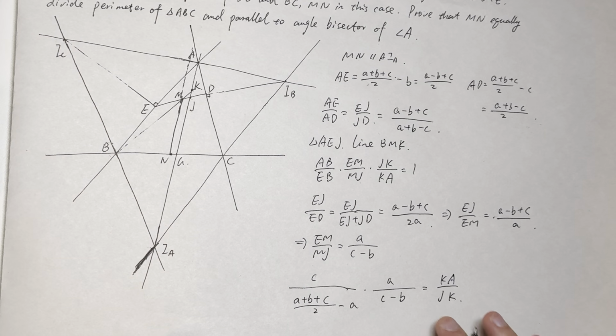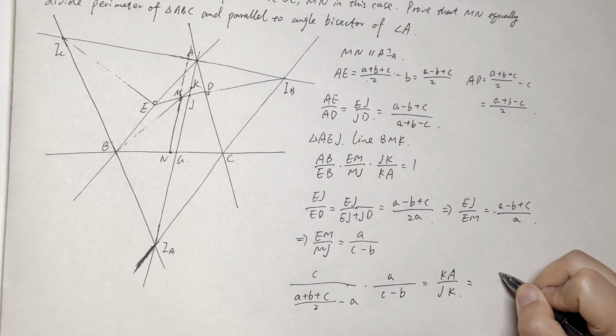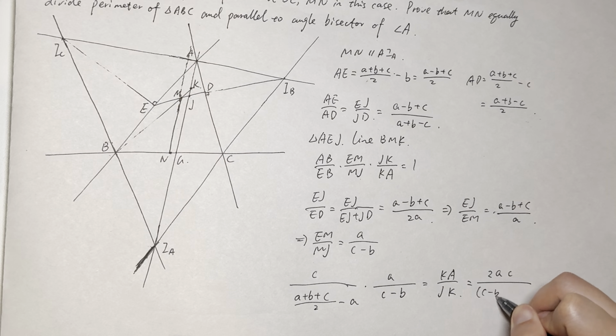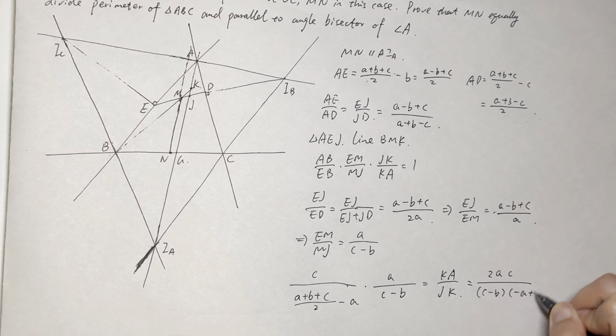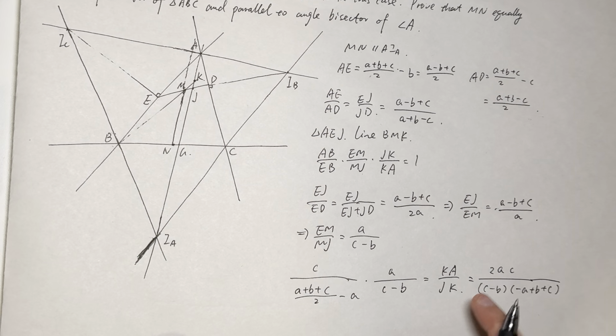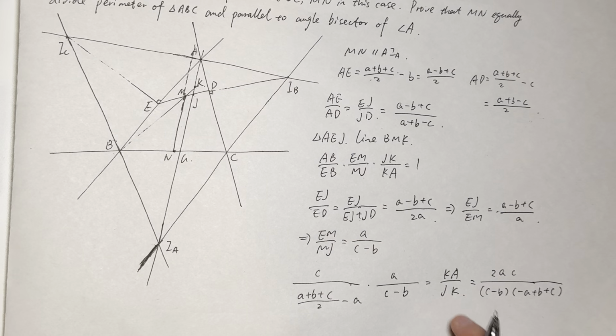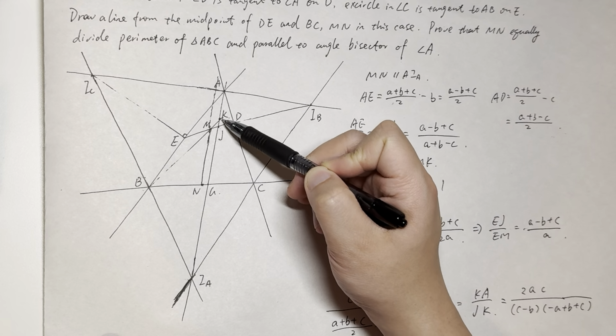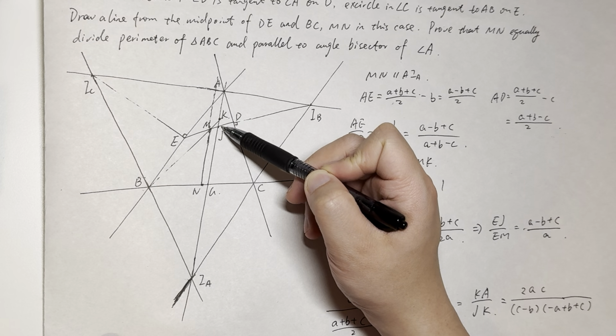That's what we have here. So it equals twice AC to C minus B times minus A plus B plus C. Right, that's for the KA to JK. So we know the KA to KJ. That's a ratio we know.